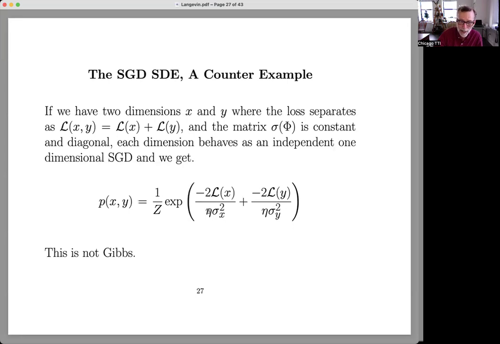This is the noise due to sampling mini batches for x. This is the noise in the x gradient. This is the noise in the y gradient. And if the noise in the x gradient is different from the noise in the y gradient, I effectively get different temperatures in the two coordinates. So once I go to higher dimension, I don't have a single temperature. I have a temperature for each eigenvector of the covariance matrix.